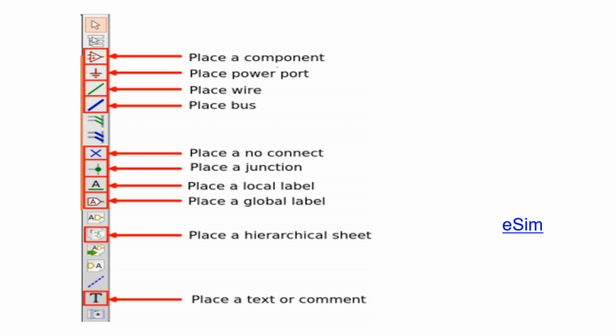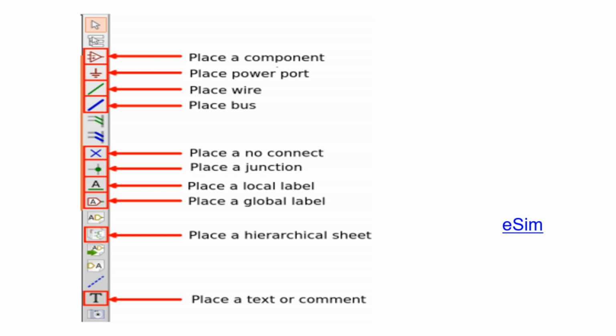Sometimes some nodes may not have any particular input or output. In that case, you can keep a place no connect. At some point, one particular component could be connected to many devices using a junction node. So if you want to create a junction node, you can go with place a junction.